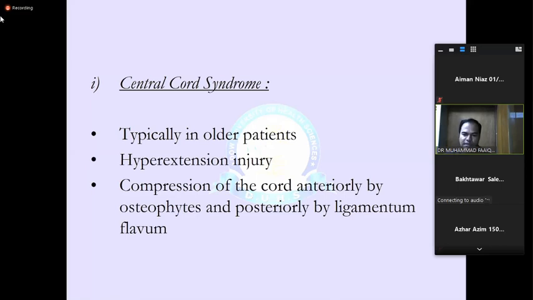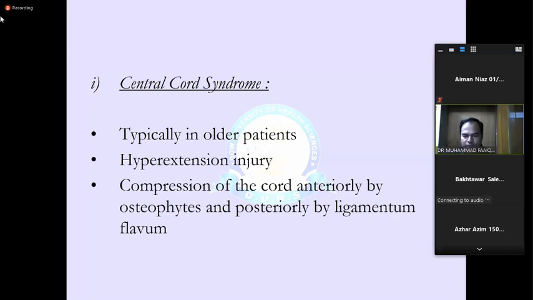When you assess the power, for example, the power of the upper limb is 3/5, while the power in the lower limb is 4/5. So the power in the upper limb is worse, and the power in the lower limb is somewhat better.